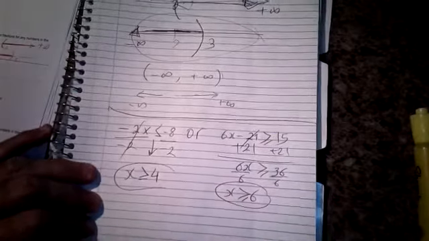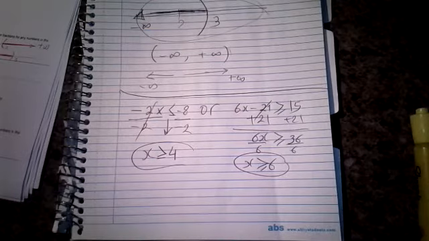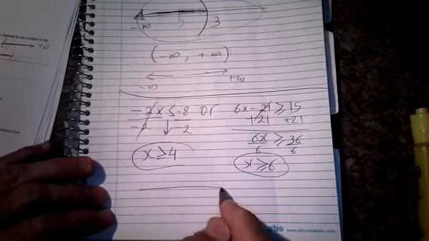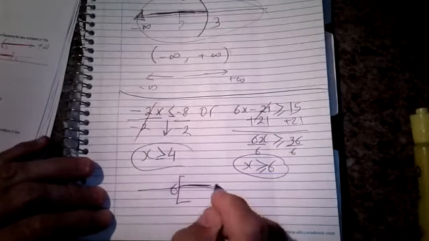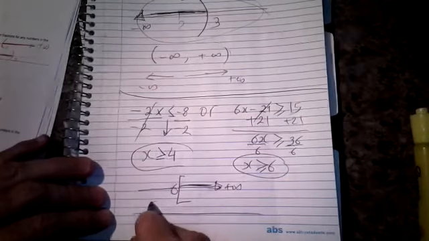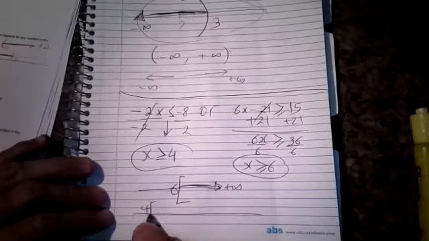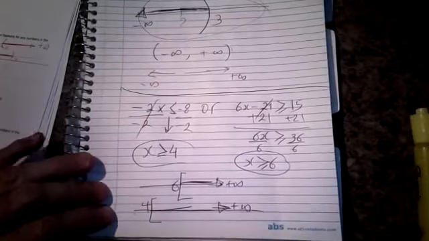So you have these two. One has all the numbers greater than 6 to infinity. The other one has all the numbers greater than 4 to infinity. Right?